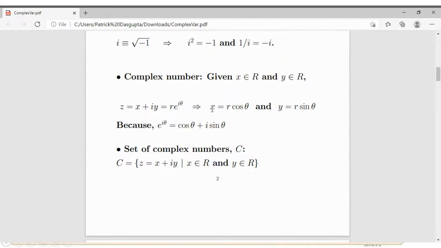In other words, x is r cos theta, y is r sin theta. Therefore, the set of all complex numbers denoted as C is simply the set whose elements are of the form x plus iy, where x and y are any real numbers.